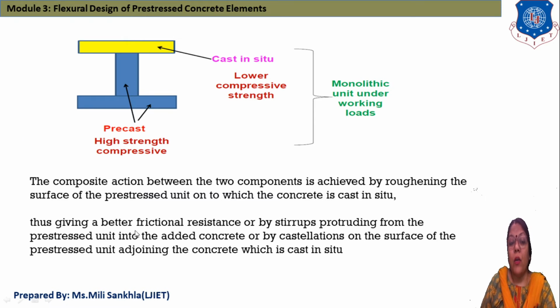Better frictional resistance is provided by stirrups projecting from the prestressed unit into the added concrete, or by castellation on the surface of the prestressed unit adjoining the cast in situ concrete. Simply, to achieve the strength of the composite member, we provide stirrups also. The bond is monolithic, and by roughening the surface, the member ultimately behaves as a composite section.